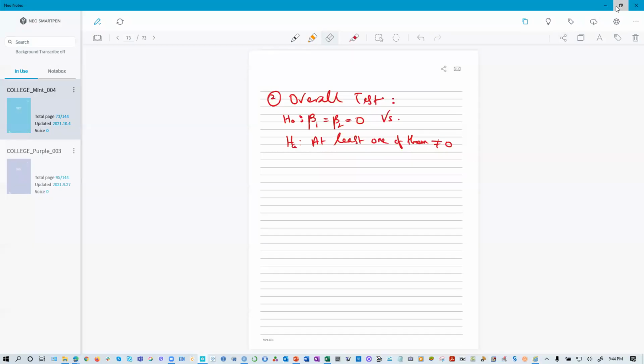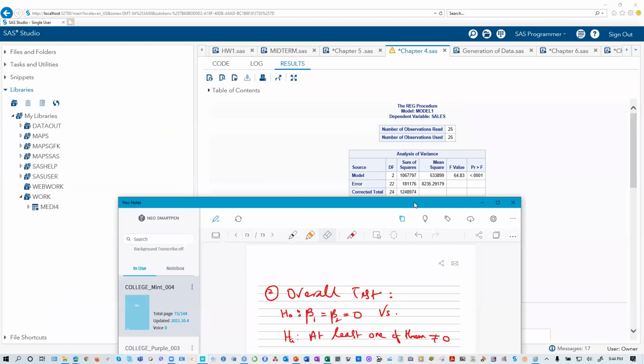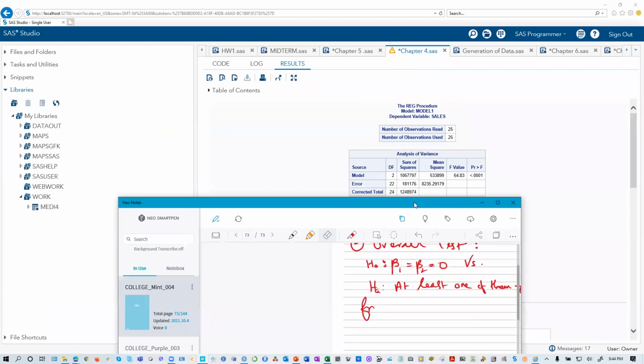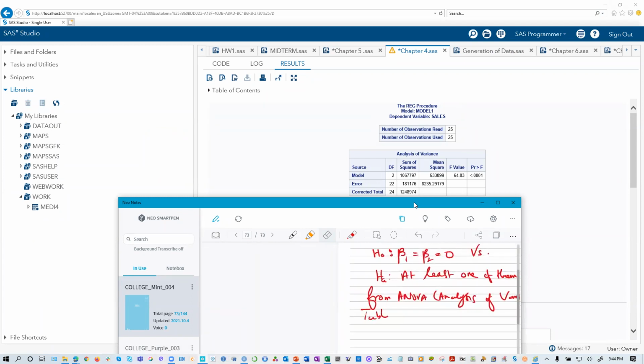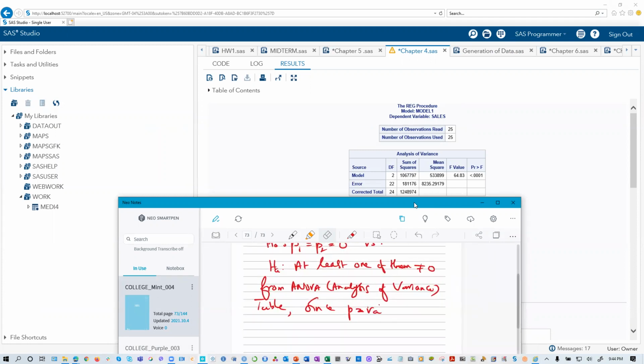From the ANOVA table, look at the p value. The p value is small, very small. We reject H0.